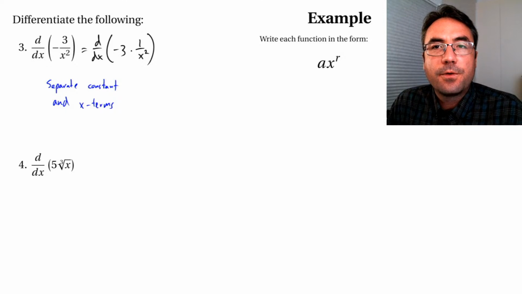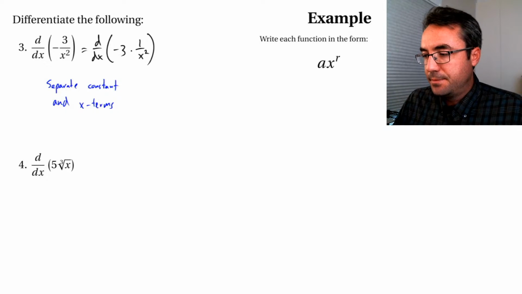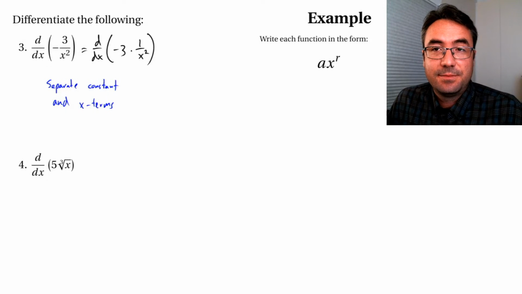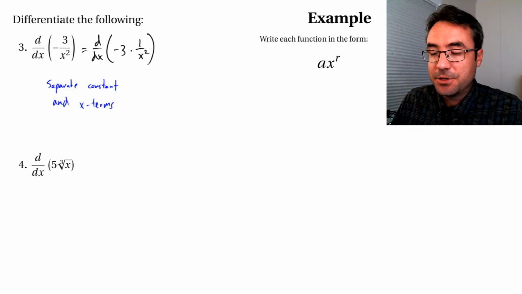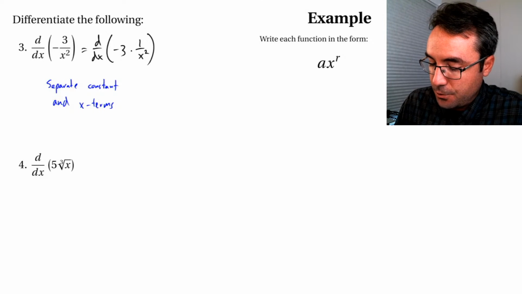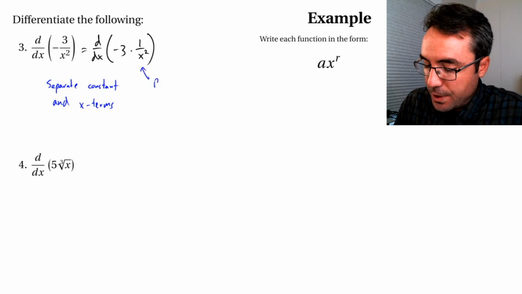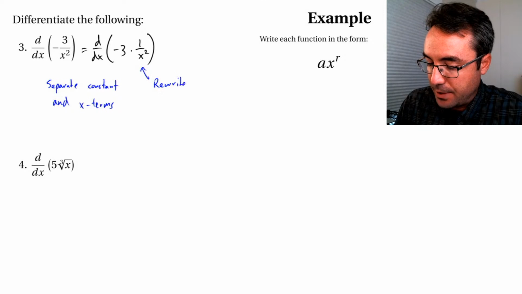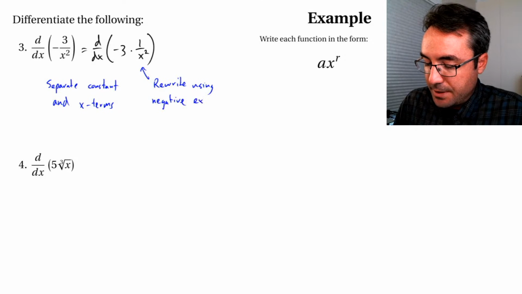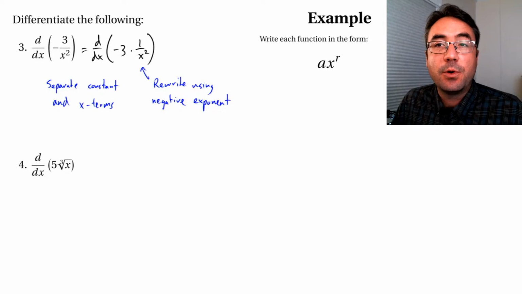Now that 1 over x squared, that's a fraction, so it's not written as a power function yet. So we have to go through and rewrite that using a negative exponent. So before we're doing any derivatives, we just want to rewrite that 1 over x squared as a negative exponent, get it into the power function form.